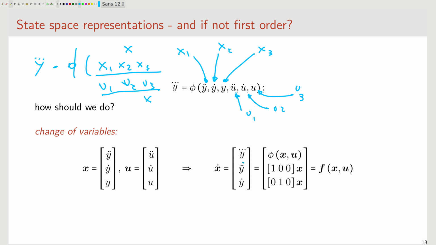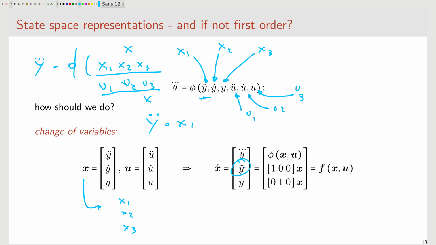Then what do we have? We have that y double dot is equal to x1 dot. But if we have x equal to x1, x2, x3, then what does it mean?